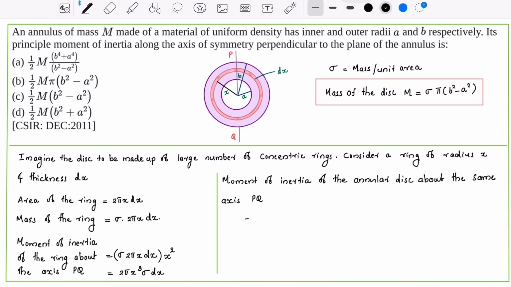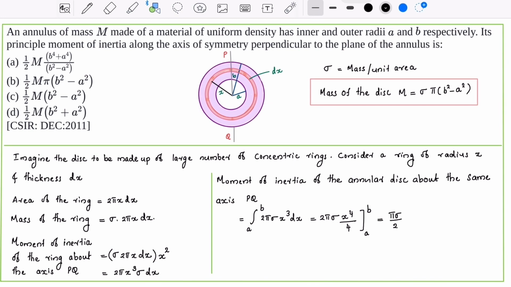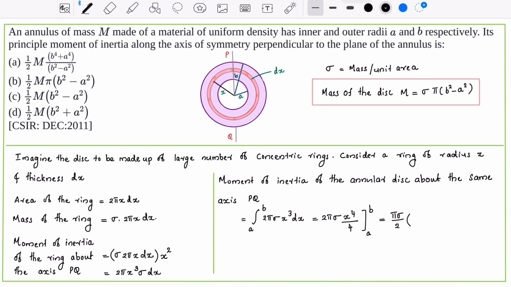Now the disk is made up of several such rings with the radius varying from A to B. Therefore, the moment of inertia of the annular disk about the same axis PQ is integral A to B sigma 2 pi x cube dx, that is 2 pi sigma x raised to 4 by 4 from the limit A to B, and that is equal to pi sigma by 2 into b raised to 4 minus a raised to 4.